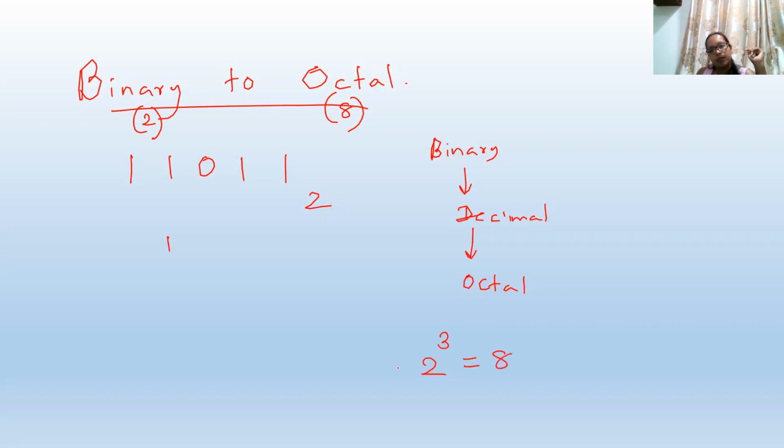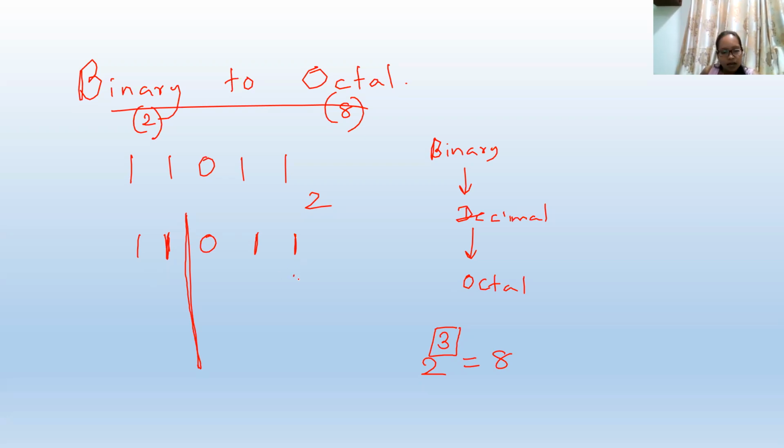So we are taking this power 3 here, and using that power we are dividing the entire number into parts of 3. You can divide it here and here, from the right side.